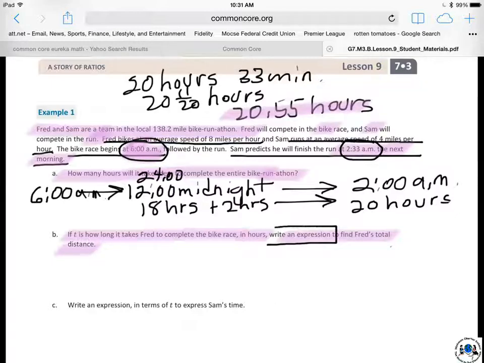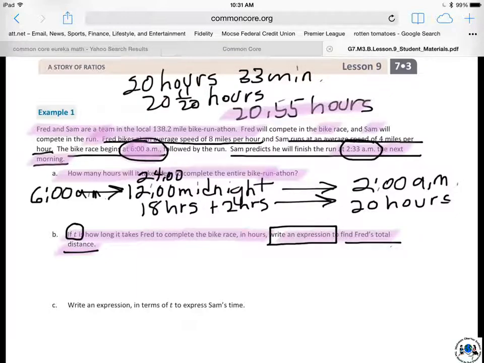We're not solving for this, we're just writing an expression. So Fred's total distance, and we're using T for how long, because that makes sense. T is time.